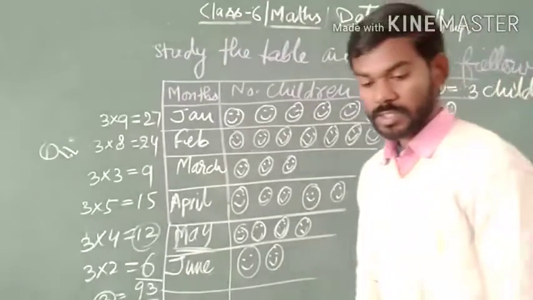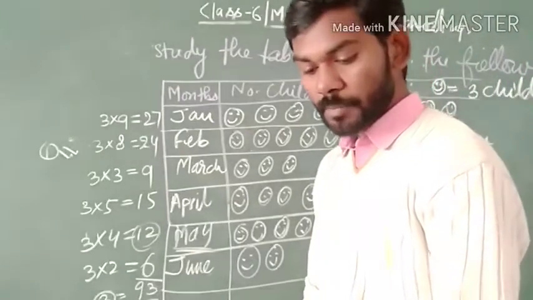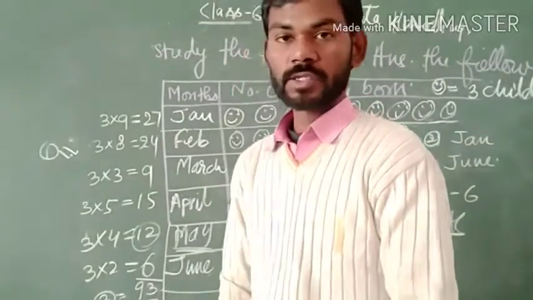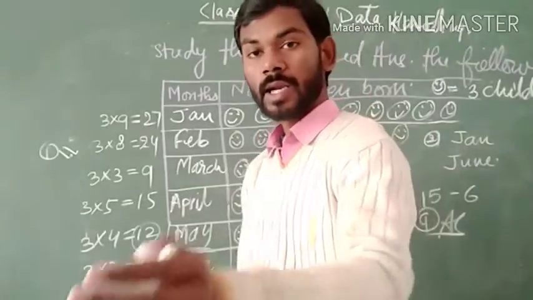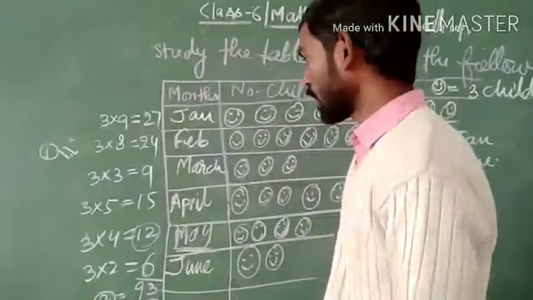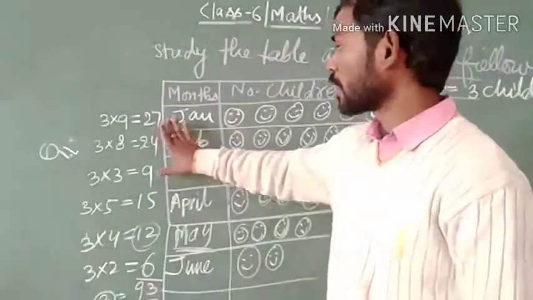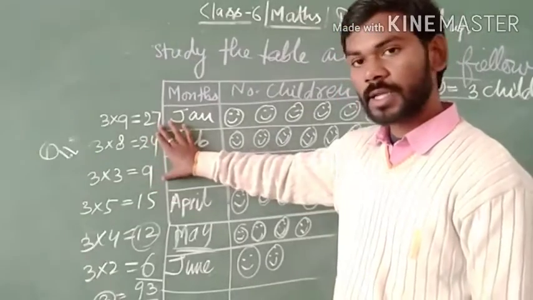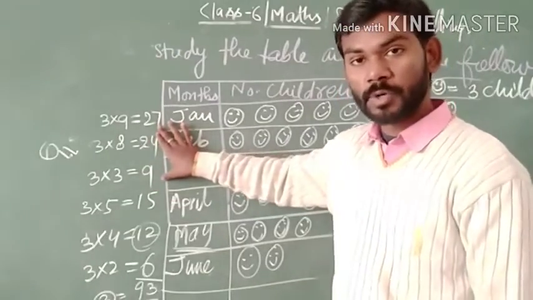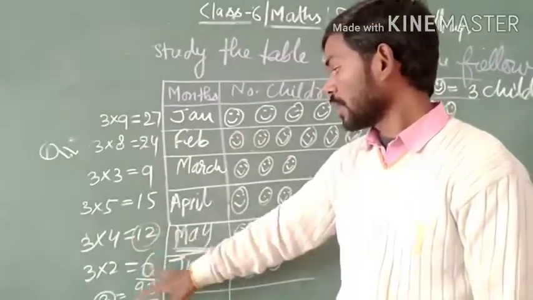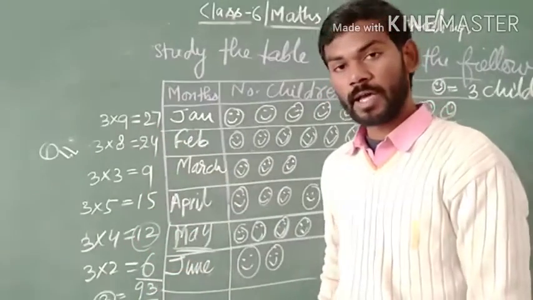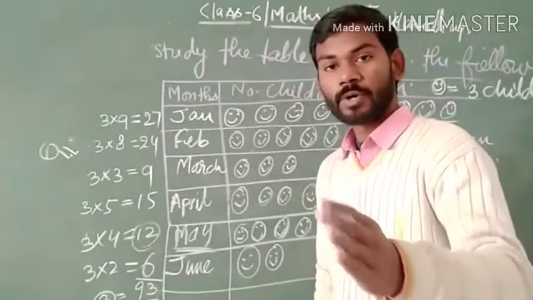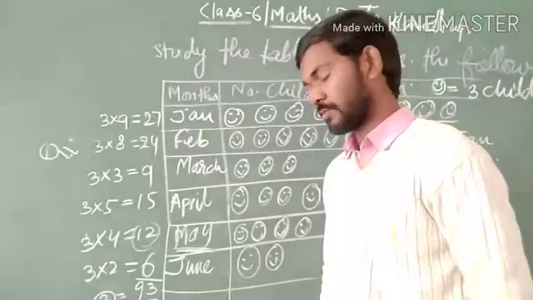In the next question, in which 3-month period were more children born, the first 3 months or the last 3 months? Here we can see that in the first 3 months, the number of children born is greater than in the last 3 months. Therefore, our answer will be the first 3 months, where the number of children born is maximum.